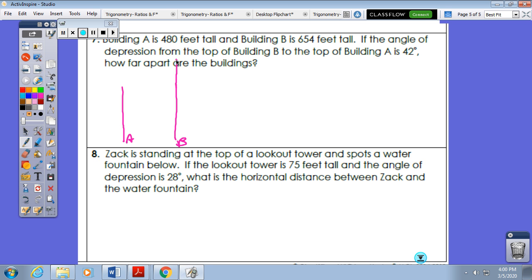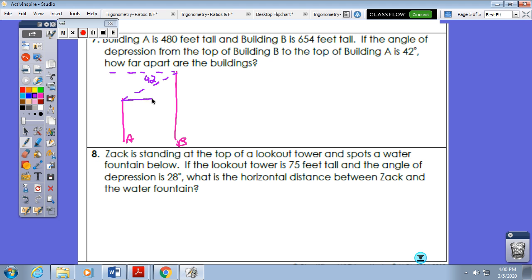Okay. Then we are talking about an angle of depression. So here is 42 degrees.